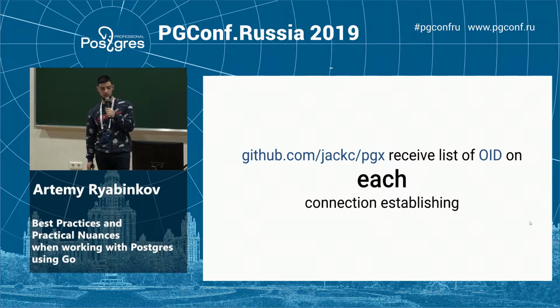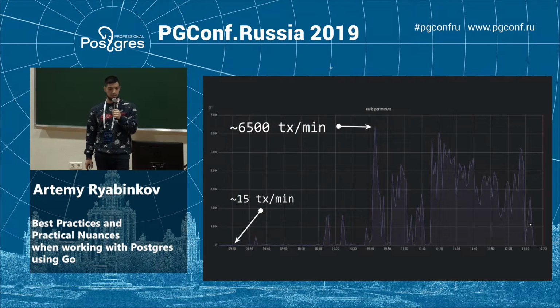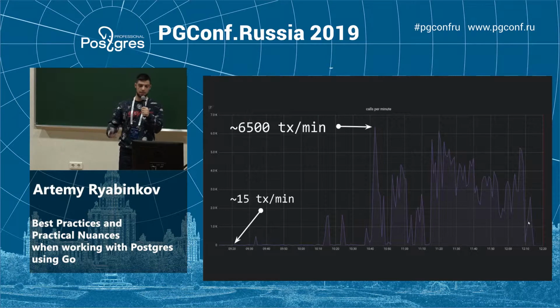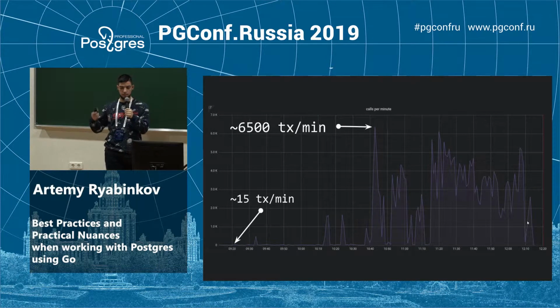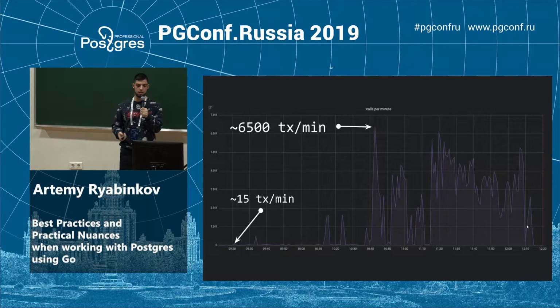Why am I speaking about it? Because once we had such an issue. The load on the database was quite high, it increased, and the pool of connections started to slow down. So when it was full, new connections were formed.